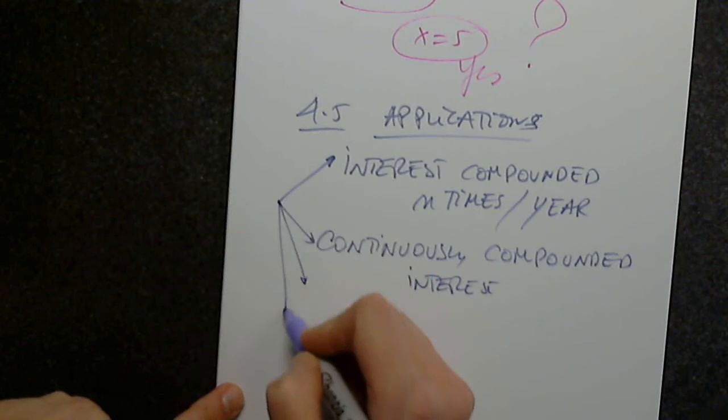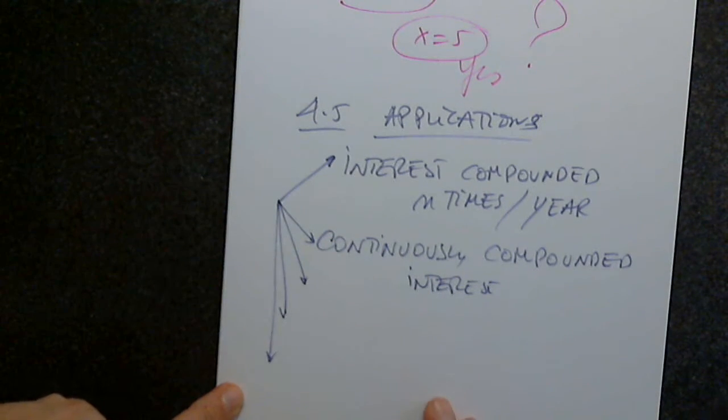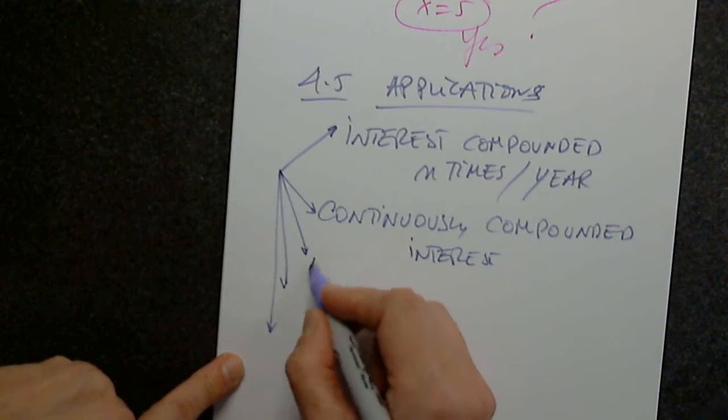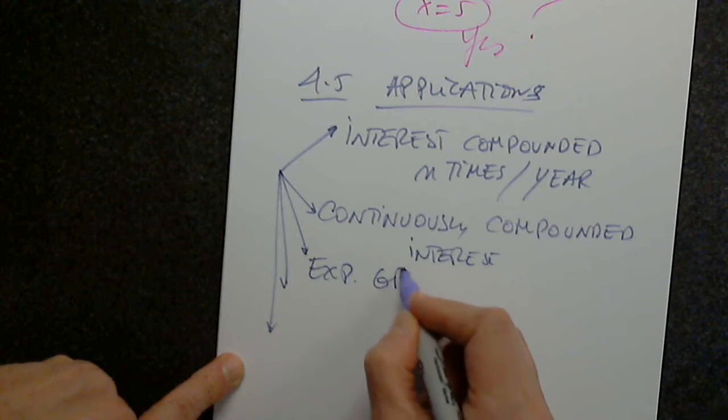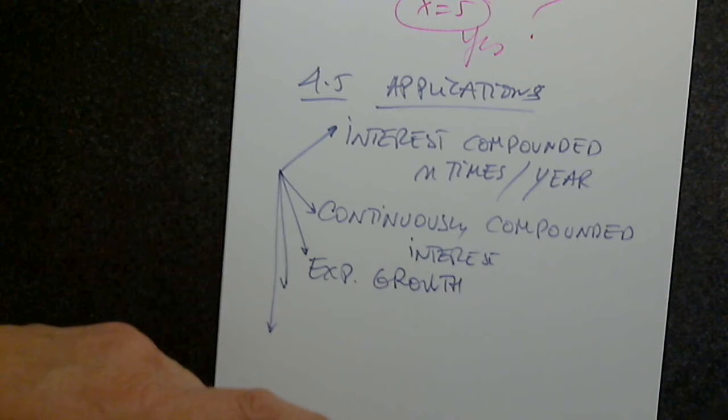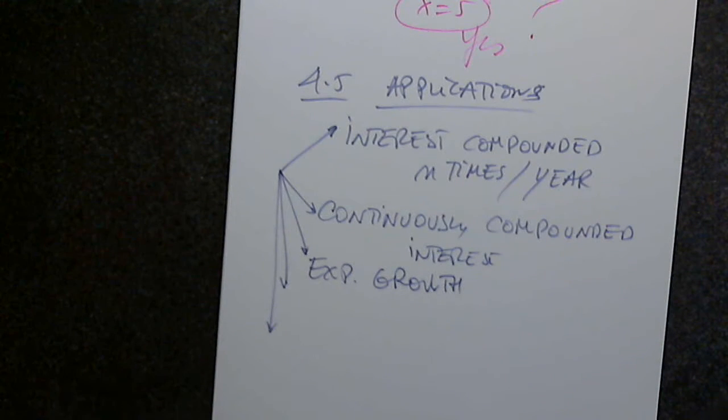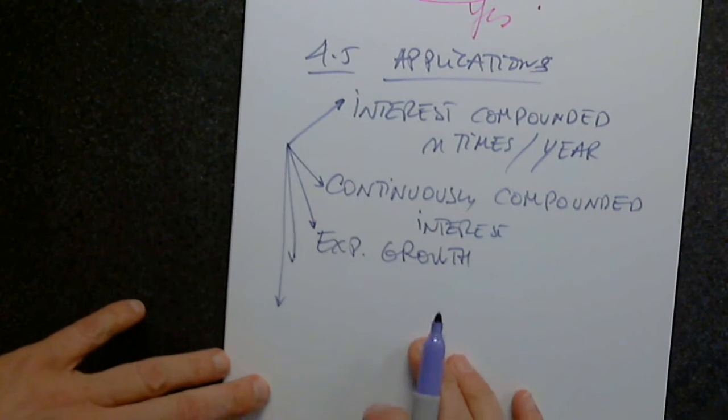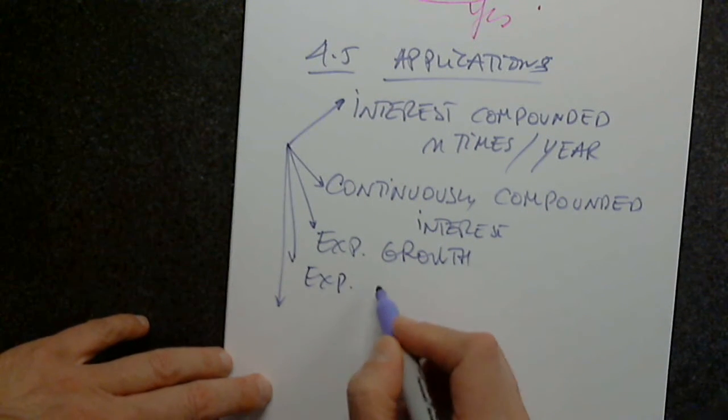Now, the other three that we are going to look at right now are exponential growth. What grows exponentially? Bacteria grow exponentially. Rats, mice, fish, people, rabbits, birds grow exponentially. Next application, exponential decay.